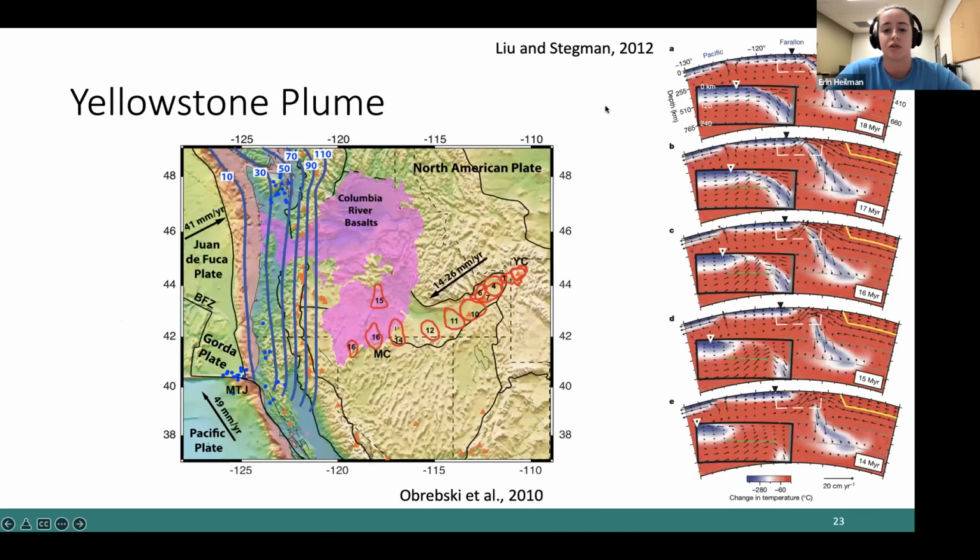Another place where we see these interactions is in the Yellowstone plume in Western North America. This is showing where the subduction of the Juan de Fuca plate is compared to the hotspot track of Yellowstone. This is a model from Liu and Stegman that we're trying to show how this slab tear might have happened and the influence of mantle flow in that model, looking back in time.